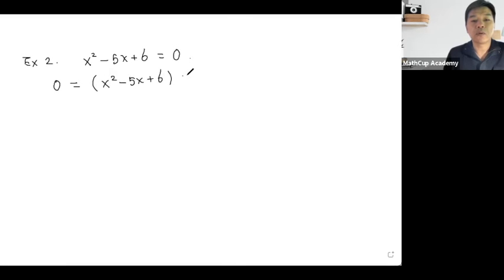Example 2: x squared minus 5x plus 6 equals 0. We're already pretty comfortable, so we assume that x squared minus 5x plus 6 can be factored. So x squared minus 5x plus 6 equals (x plus p) times (x plus q).